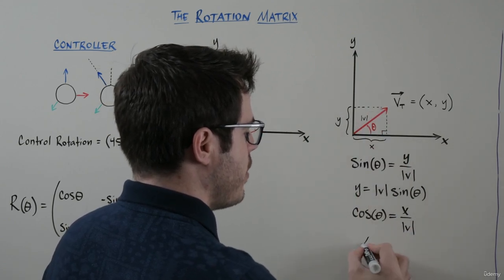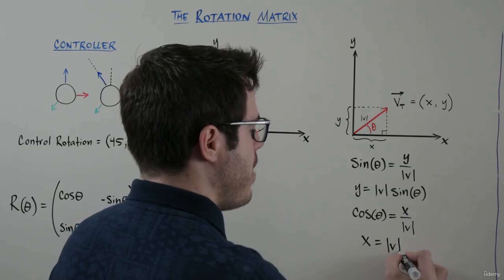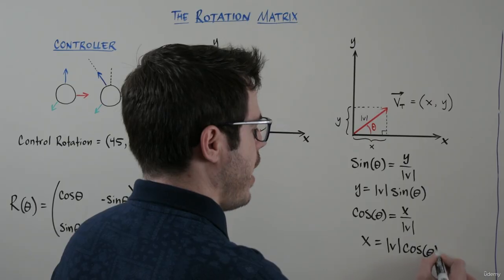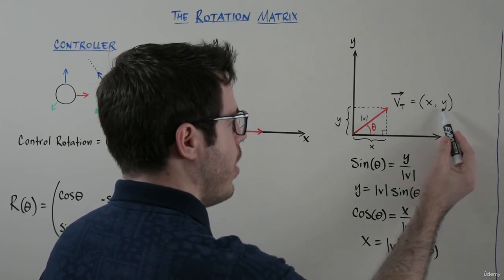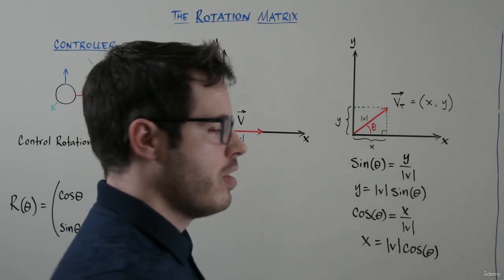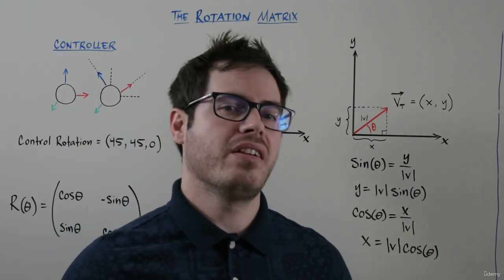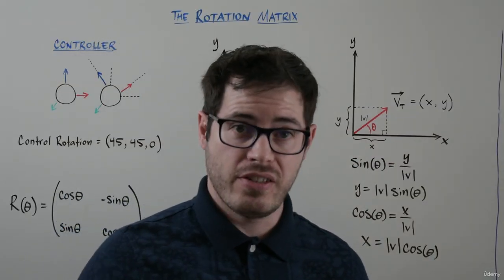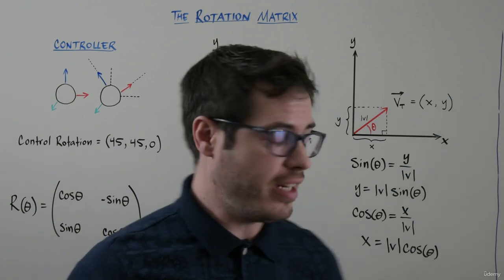So we can solve this equation for x, and x turns out to be the magnitude of the vector times cosine of the angle. So this gives us our x and our y for the vector. So we do know that sines and cosines are somehow coming into play here when it comes to figuring out what this resulting vector is after rotating it up by some angle theta, right?